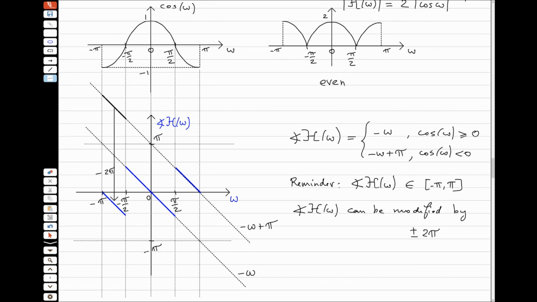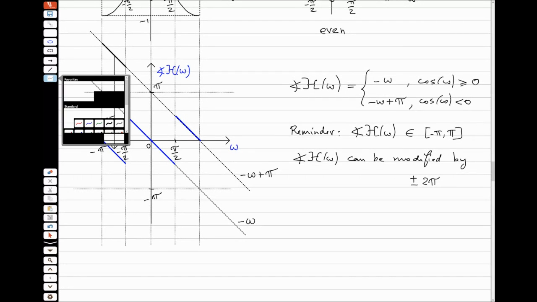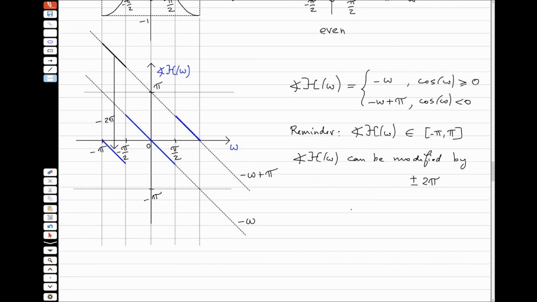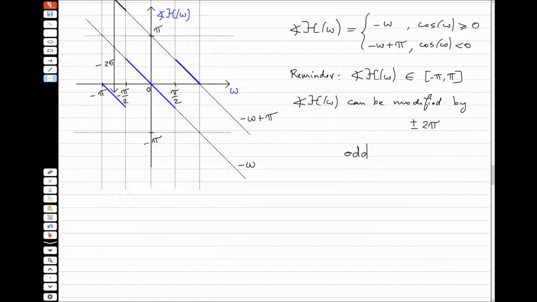So 6 said no. The answer is yes, it's odd. Those who don't agree, I mean, yeah. It is odd. All right, this is symmetric about this. So it's fine.